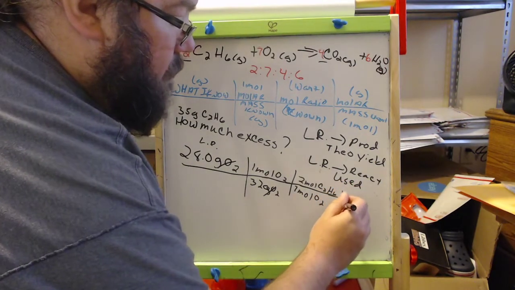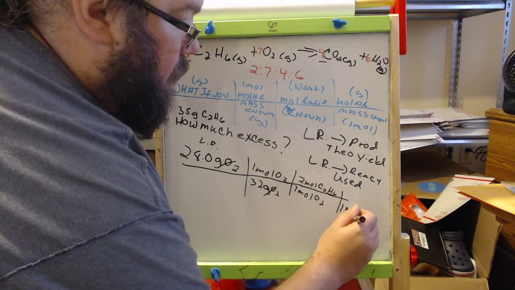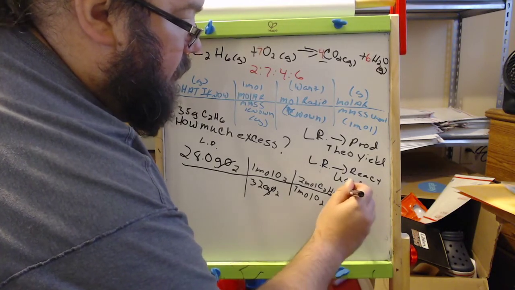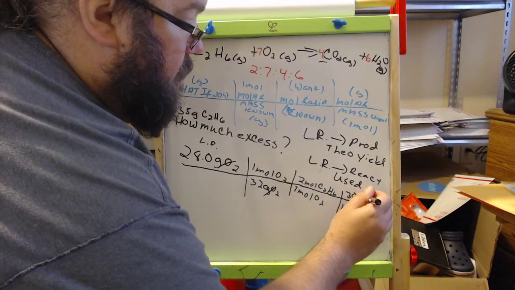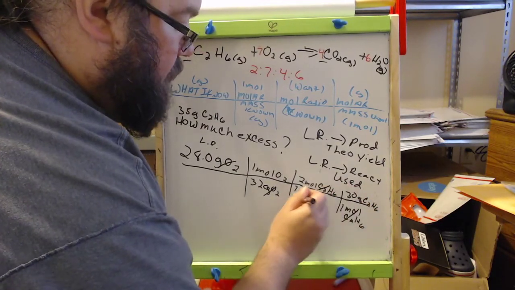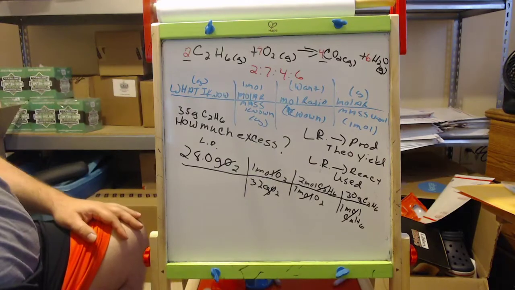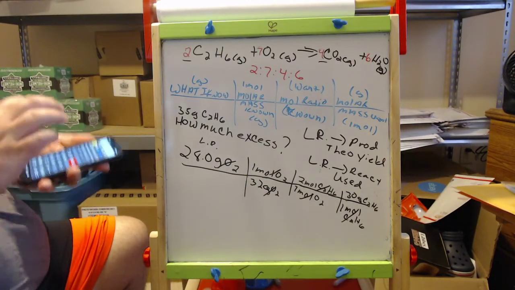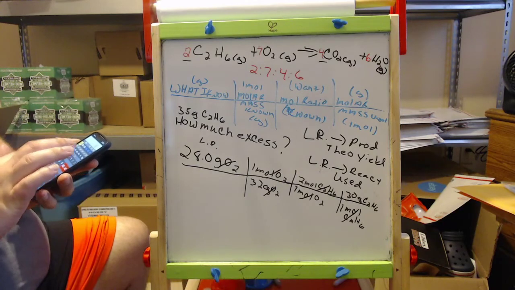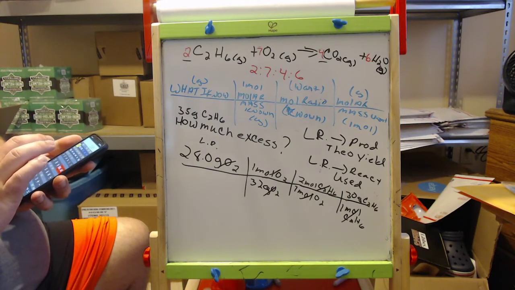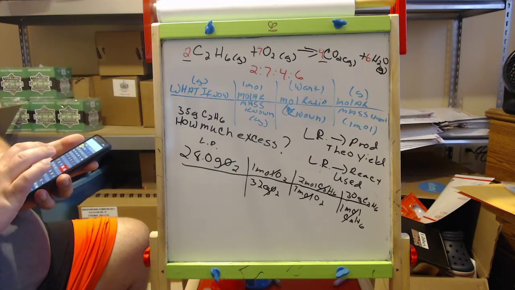And for every 1 mole of C2H6, we're on the last one now, I need the molar mass, there is 30 grams of C2H6. So we do this math. Moles cancel out, moles cancel out. We're left with grams of C2H6, okay? Now, 28 divided by 32 divided by 7 times 2 times 30.